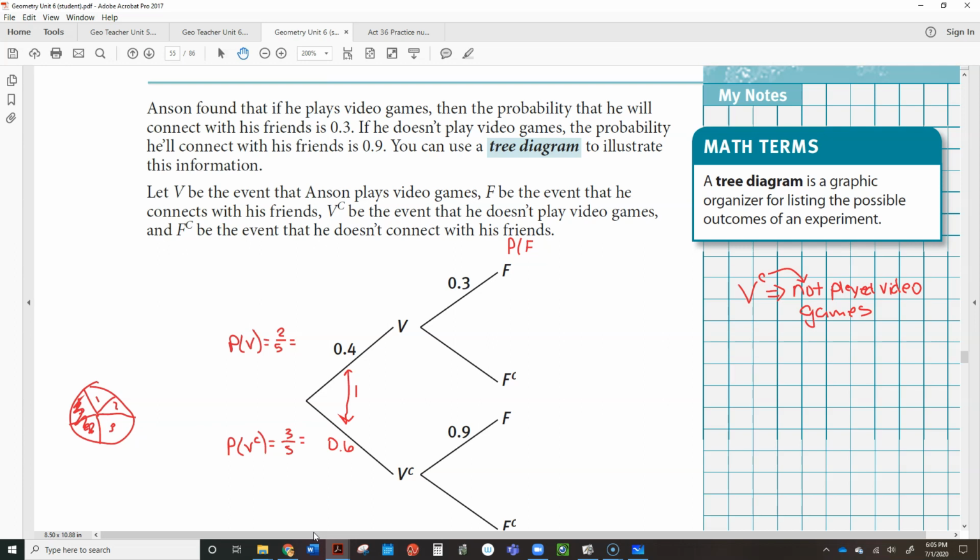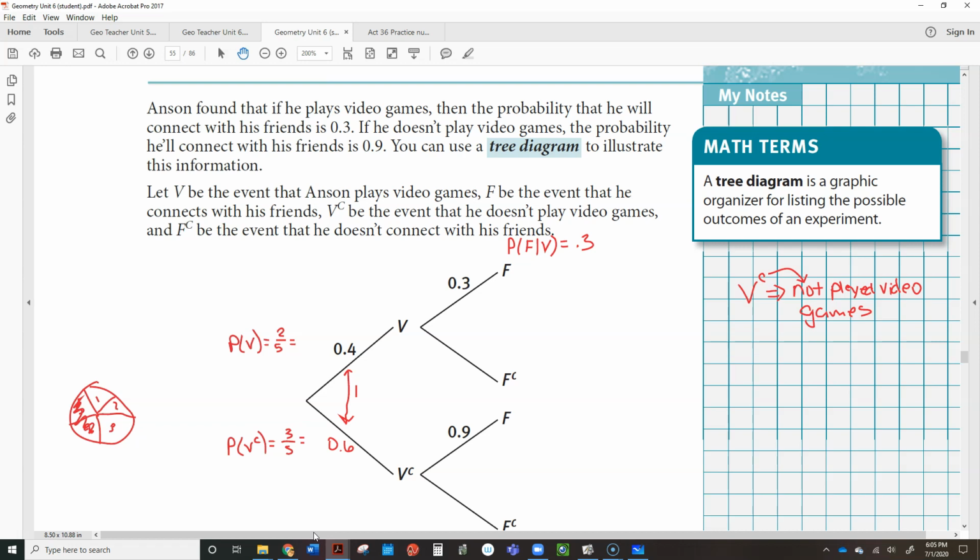This only happens after this decision. So it's the probability that he is going to connect with his friends, given that he's already played video games. Okay, that's the 0.3 that we have right there. So this is the outcome for the fact that he connected with friends, given that he played video games.